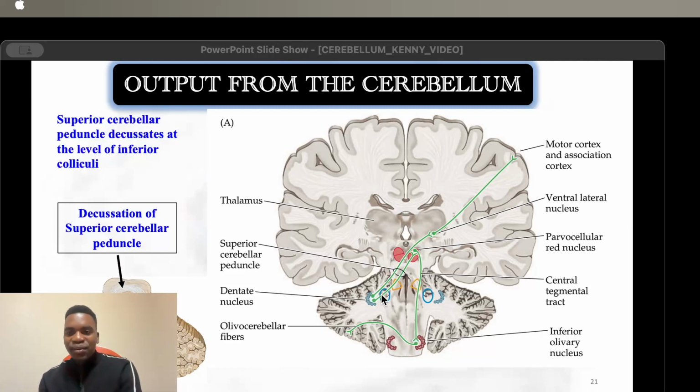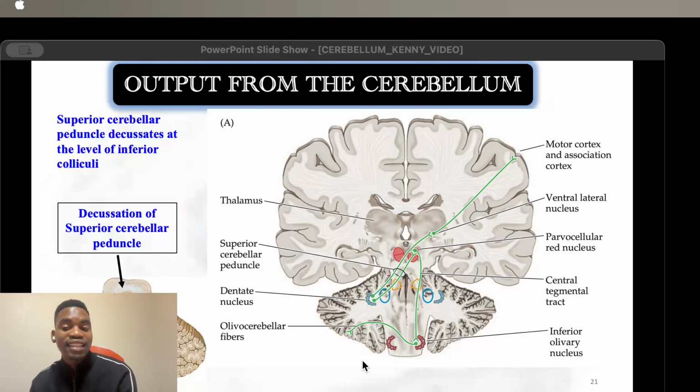Note, we saw that the information from the right side of the cerebellar cortex crossed the midline into the left side of the cerebrum. Then the information descends through the brainstem and spinal cord, but when it reaches the level of the pyramid, it decussates again to go back to the original side of the cerebellum.